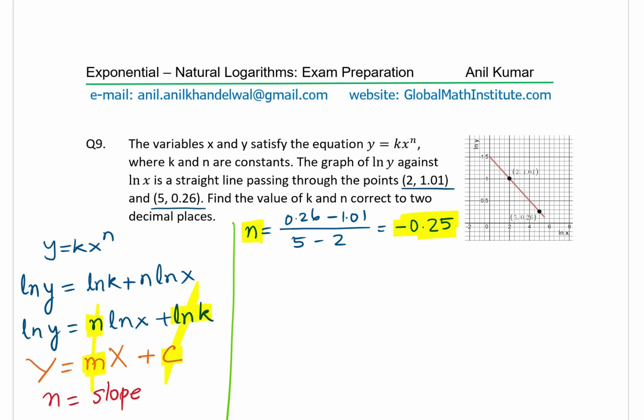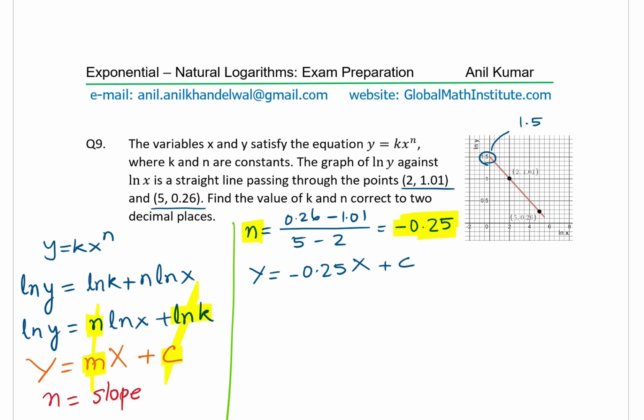Now, to find the value of ln k, we need to find the y-intercept. Now, from the graph, it is looking like 1.5. You could actually pick up this value also and then do the needful. Or let's find the equation of the line and the y-intercept. We already have the slope. So we can say y equals minus 0.25 x plus c, which is the y-intercept.